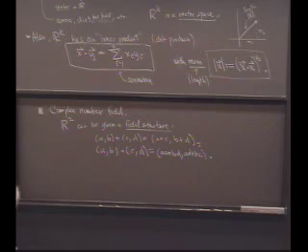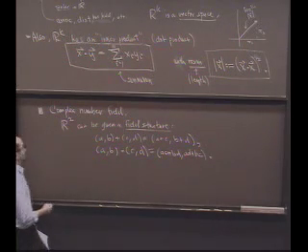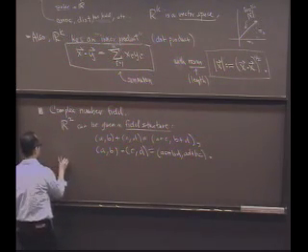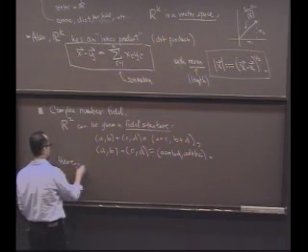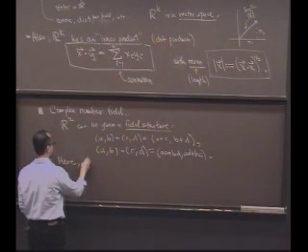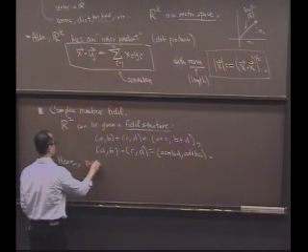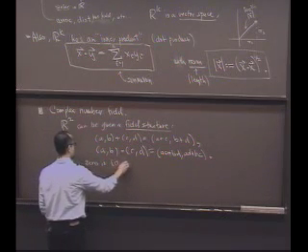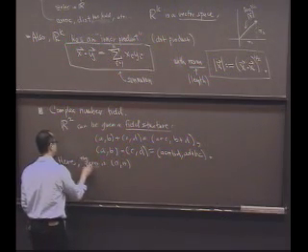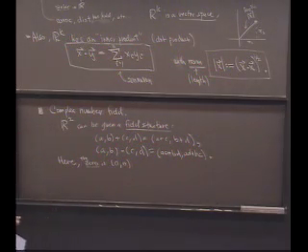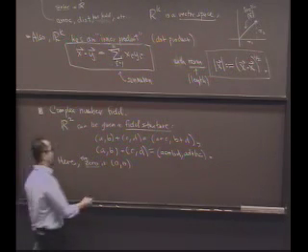What is the additive and multiplicative identity? Here, what plays the role of 0, the 0 of the field? When you say 0 of a field, you mean the additive identity.